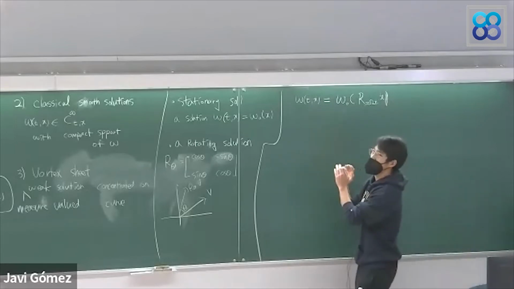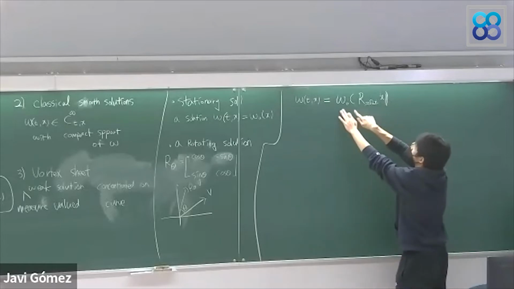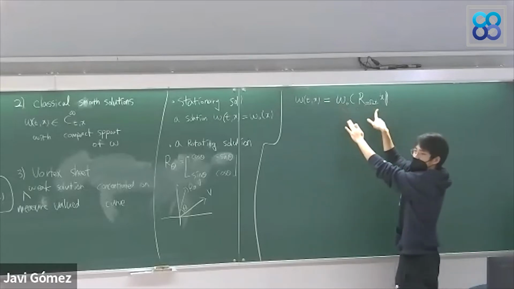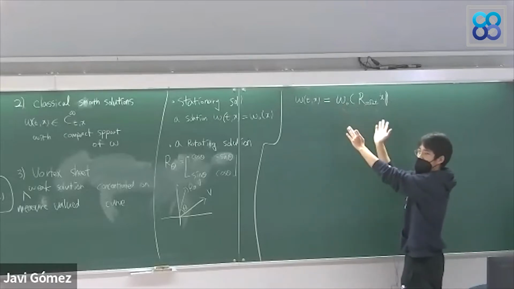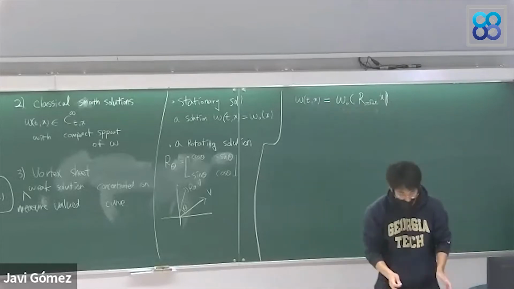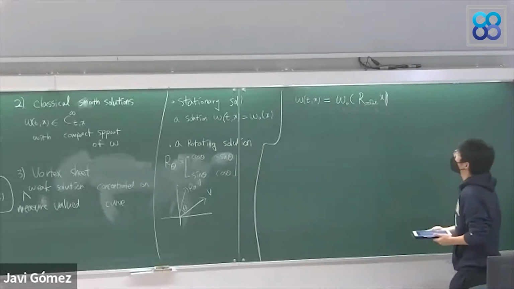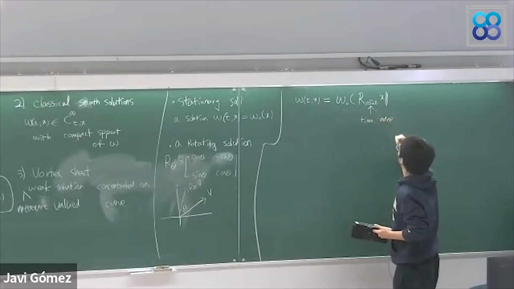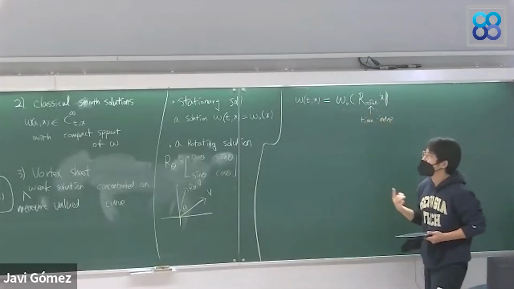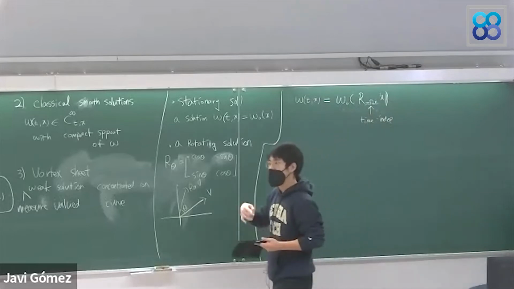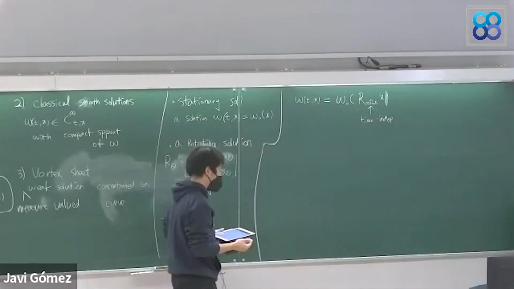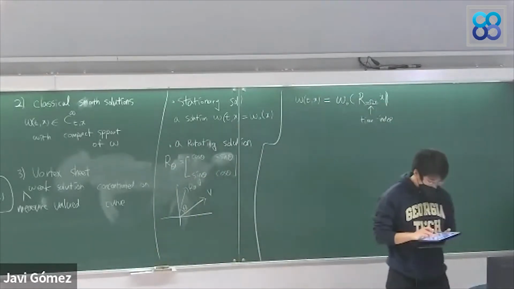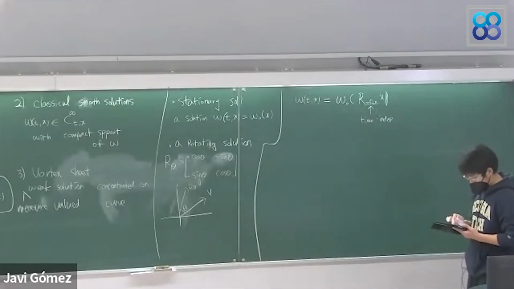So at each time, you just rotate the initial data. That means the solution is rotating with time. But here we consider omega to be time independent, so we call it a uniformly rotating solution. The rotational speed doesn't depend on time.